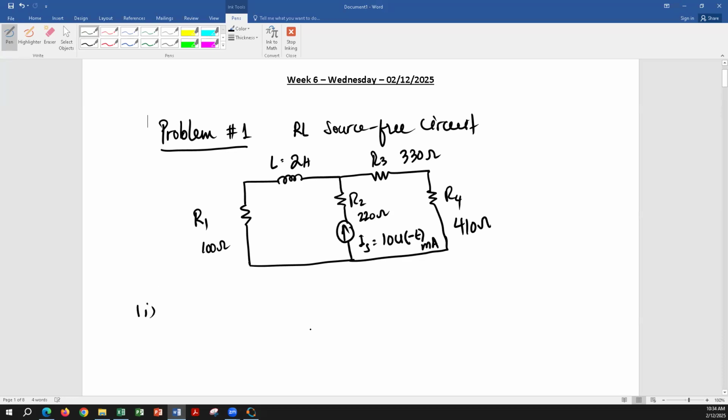Number one. Determine IL(t) for t greater or equal to 0.